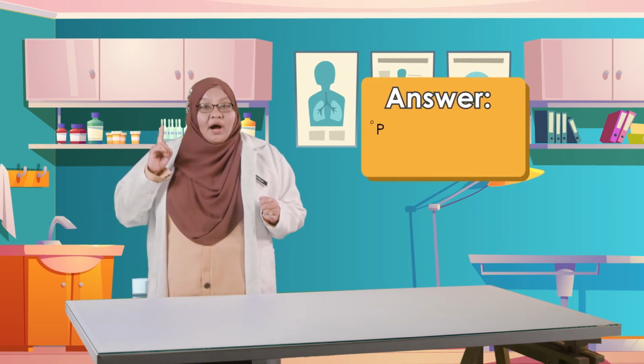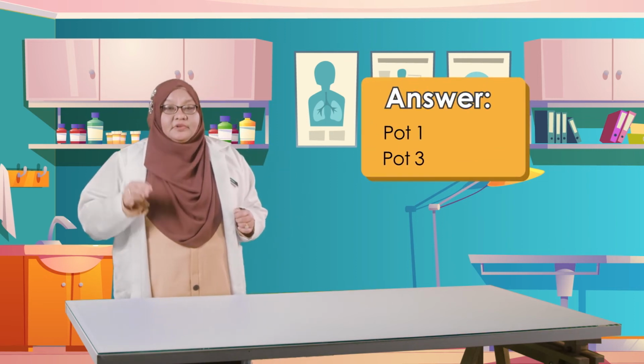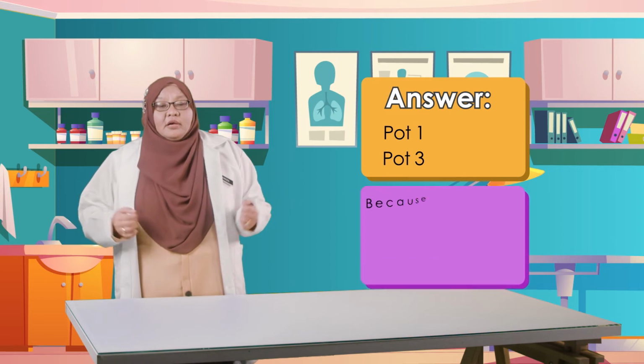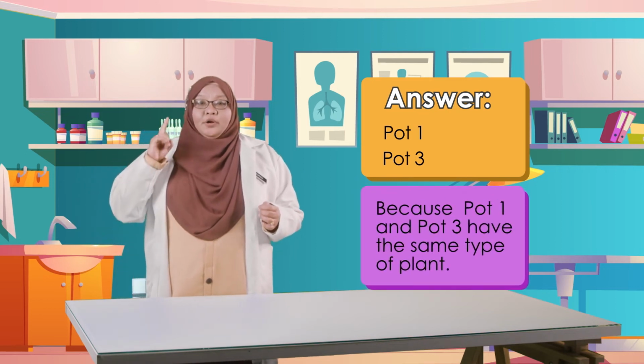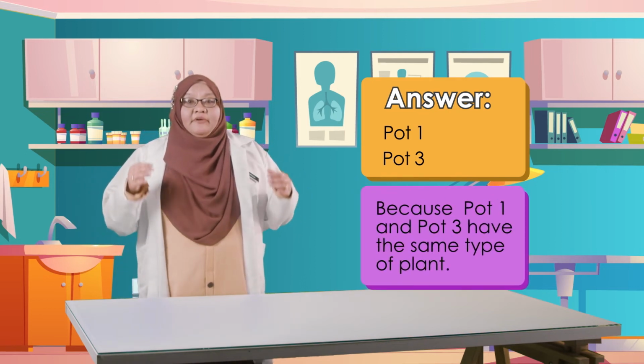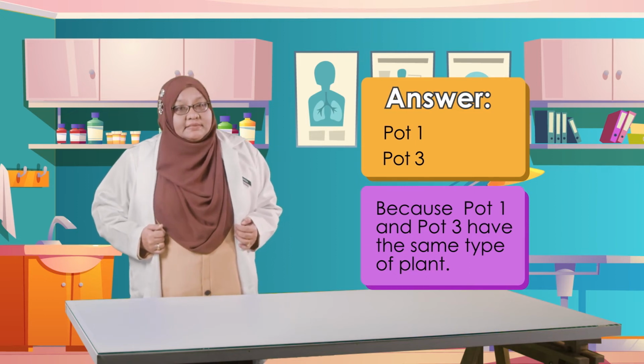Great job, everyone. Yes, the answer is pot 1 and pot 3. But why? Because pot 1 and pot 3 have the same type of plant. In these questions, did you use your science process skills and scientific method to answer the questions? Yes, you did.